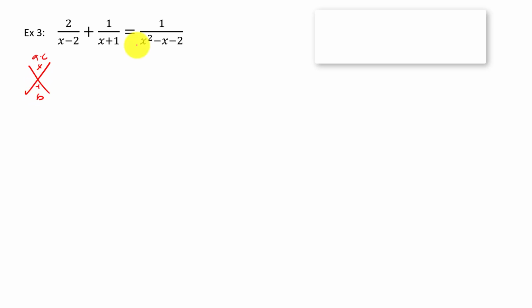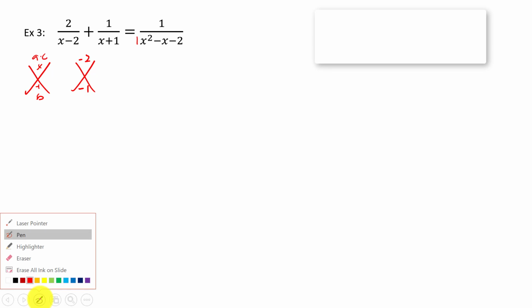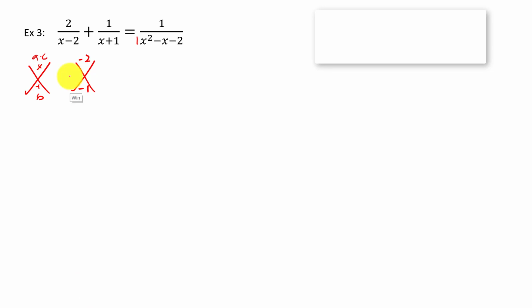And so here we have an imaginary 1 in front of this x squared minus x minus 2. So in the top, we have 1 times a negative 2, which is negative 2. On the bottom, we've got a negative 1. And now we are looking for two numbers that multiply to negative 2 that add to negative 1. Those numbers would be negative 2 and 1.